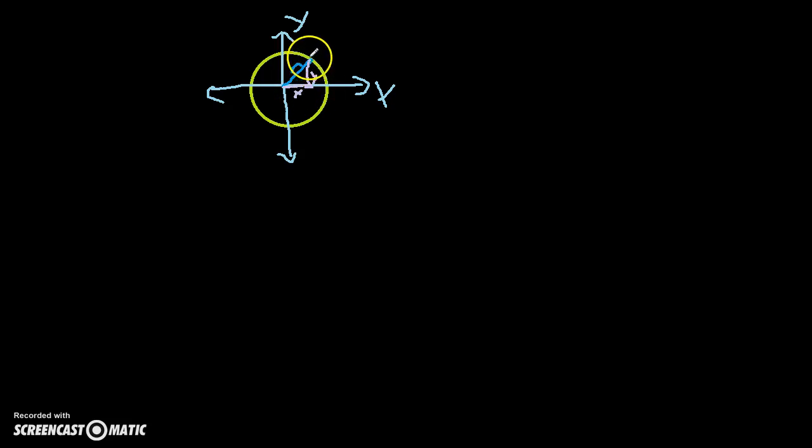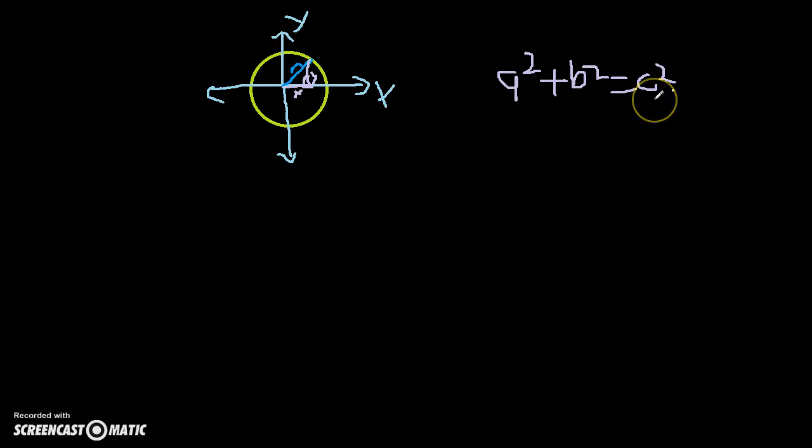Okay, so you see it forms a right triangle. There's a certain relationship between them because of the Pythagorean theorem, which states that a squared plus b squared equals c squared.